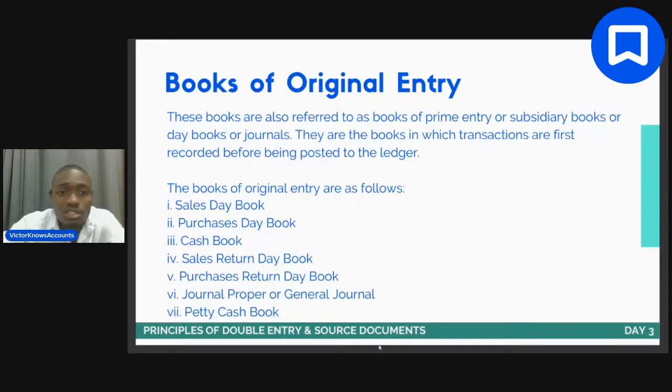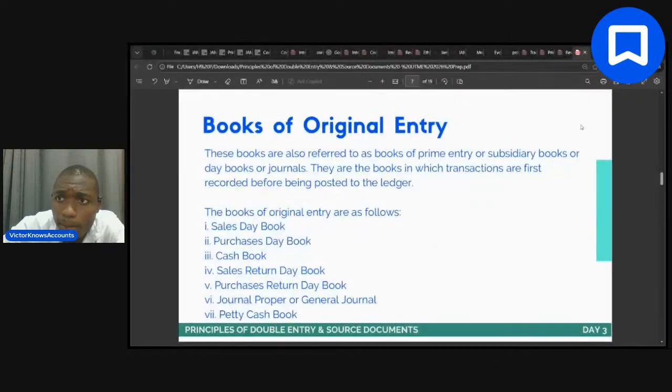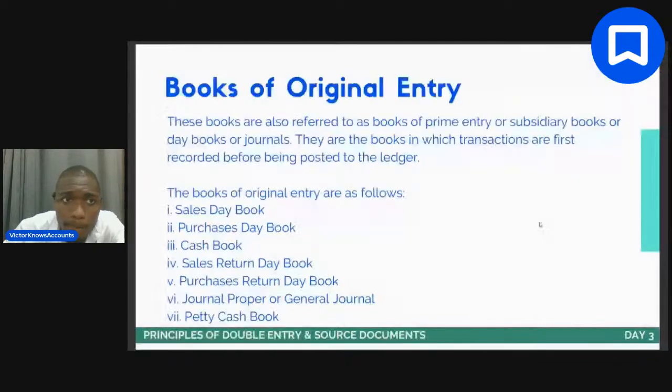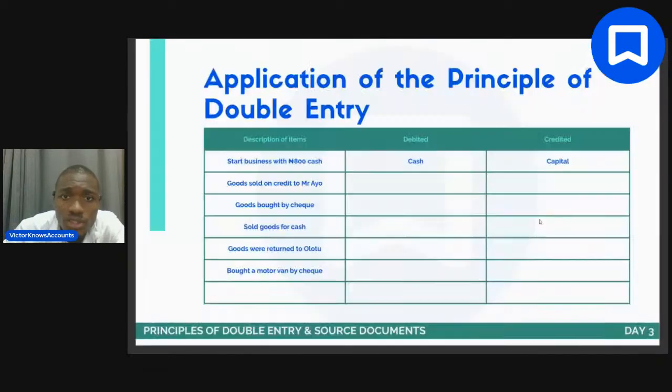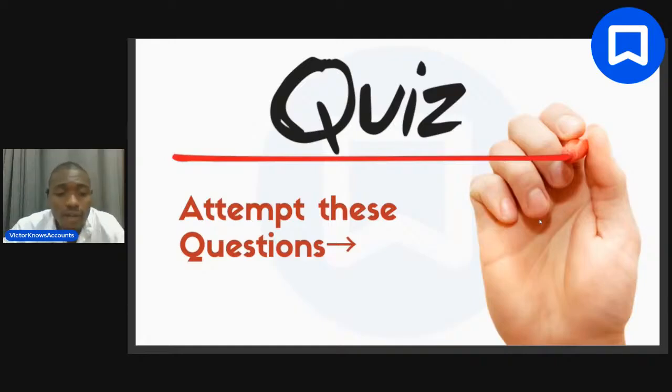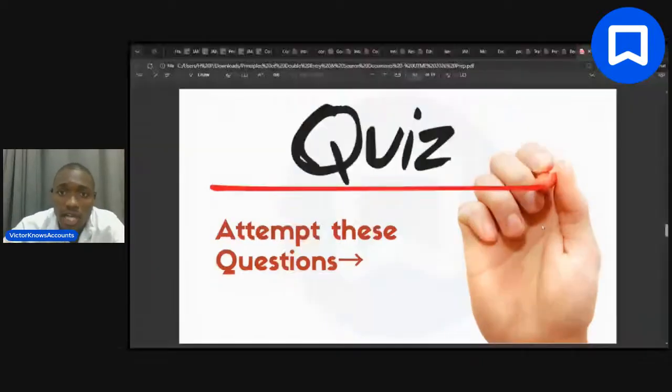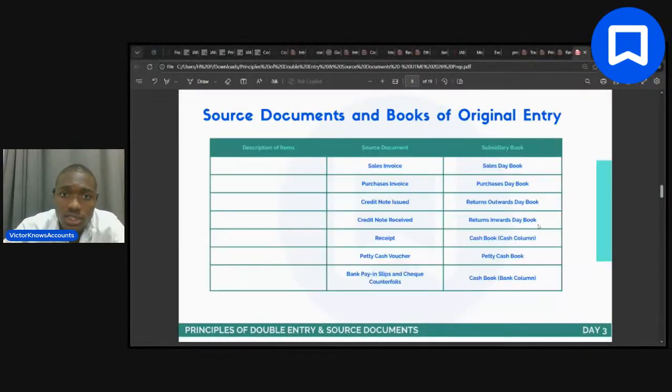So now let's look through a summary of source documents and books of original entry. How does a source document relate?